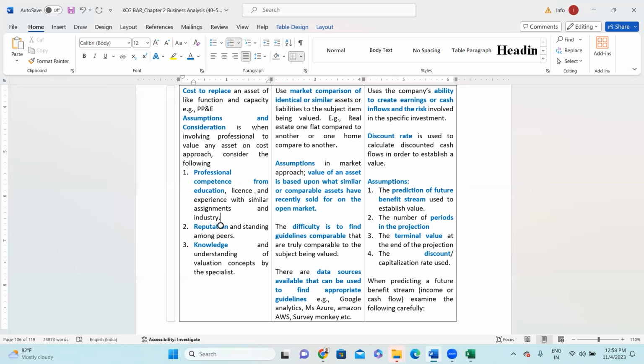Next, there are data sources available that can be used to find the appropriate guidelines. So, let's assume you wanted to purchase a flight from California to New York, right? Let's assume San Jose or San Francisco to New York, right?